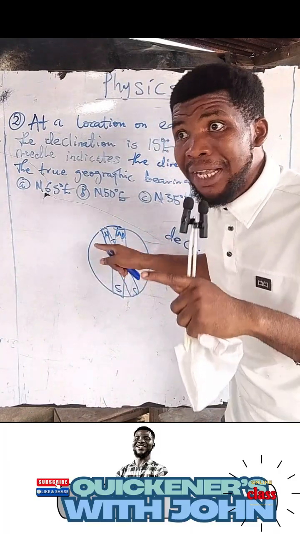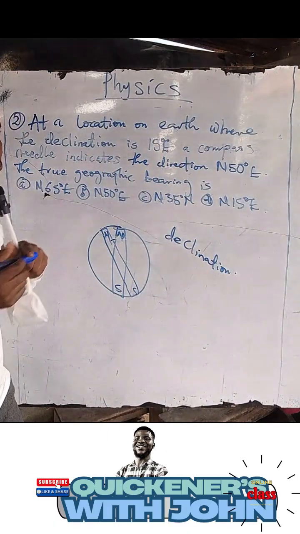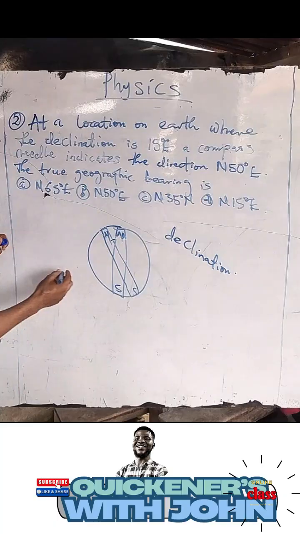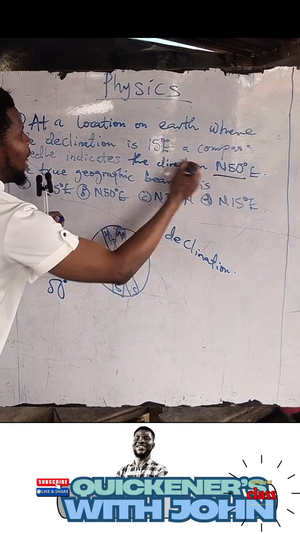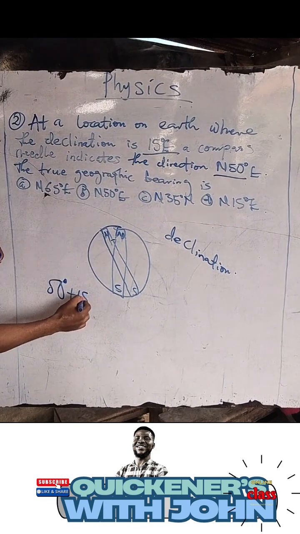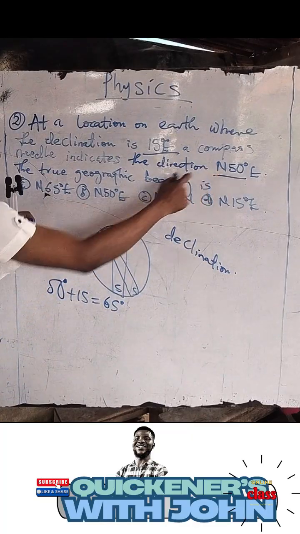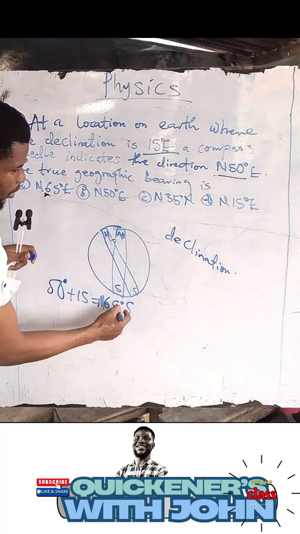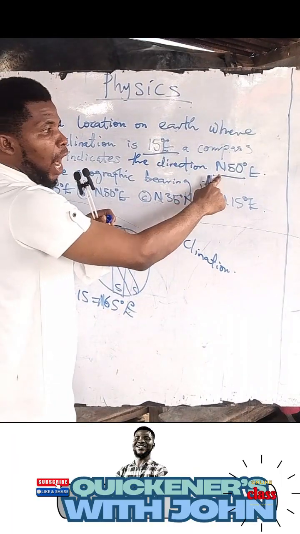So when we add the angle of declination to this 50 degrees given here, you have 65 degrees north east.